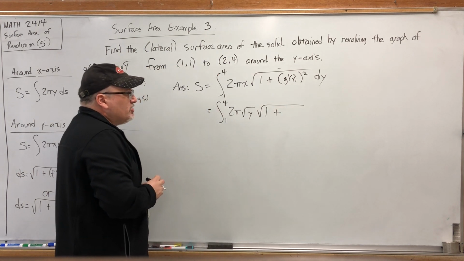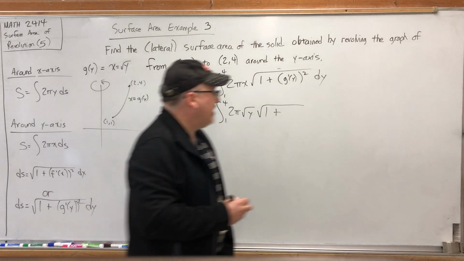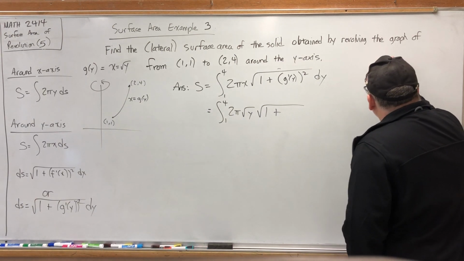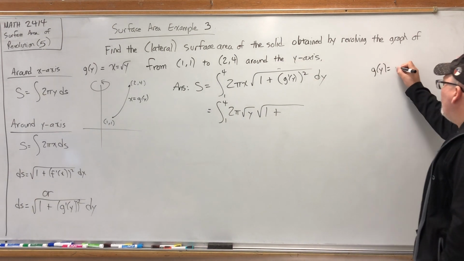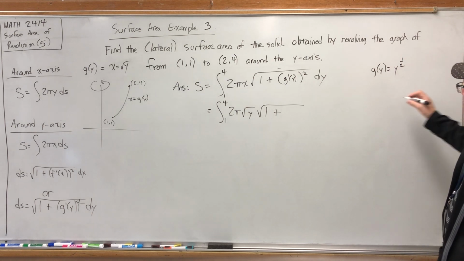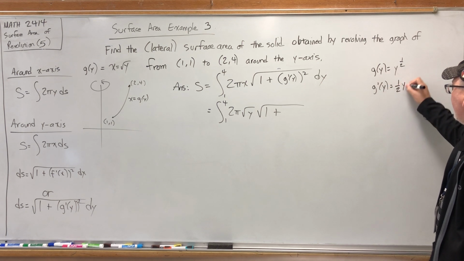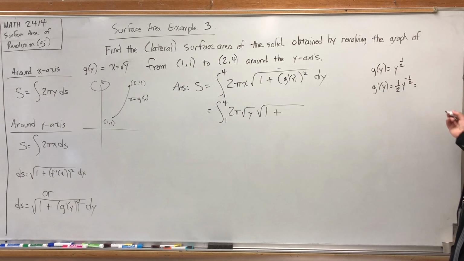And let's go ahead and figure out what the square of the derivative is. So let's go over here to the side and figure that out. g of y is equal to the square root of y, but we're about to do calculus, so no radicals, please. y to the 1/2. The derivative of that is 1/2 y to the negative 1/2. Let's go ahead and rewrite that as a single fraction with a 1 on top, 2 on the bottom.